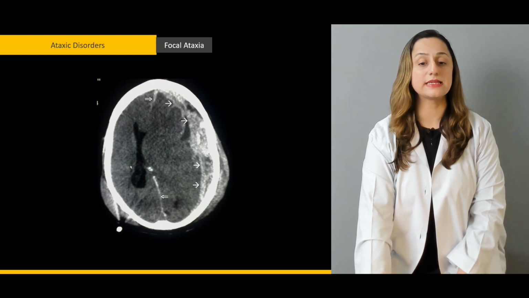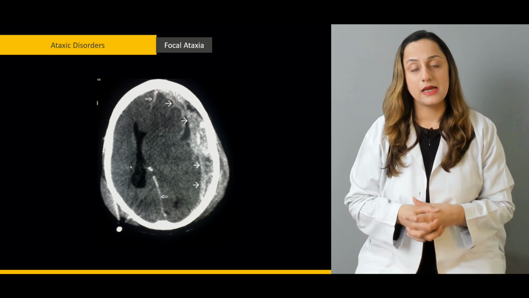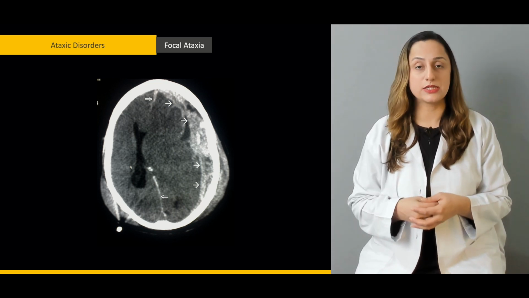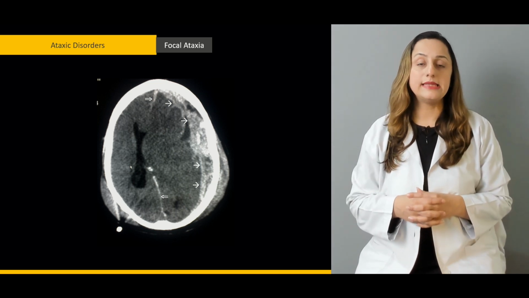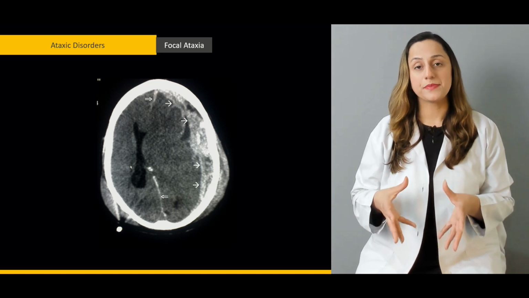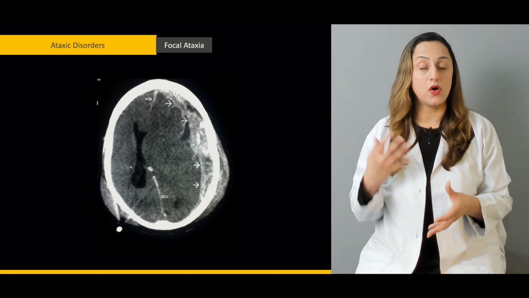Focal ataxia is basically when one of the lobes is affected. For instance, it can be the frontal lobe. If it is affected, it is going to affect the overall personality of the individual as well. Then we have the temporal lobe, which is again going to affect even the auditory signs and symptoms. And then we have the occipital lobe.